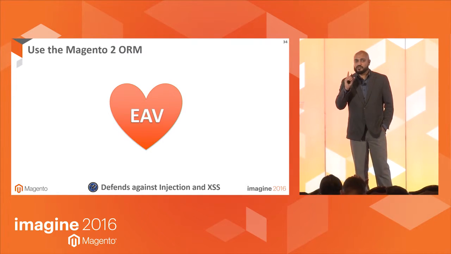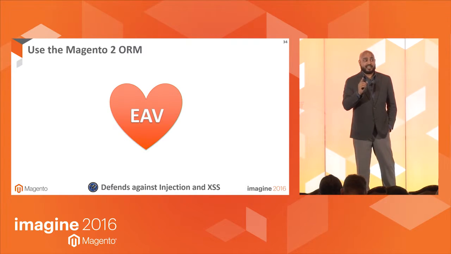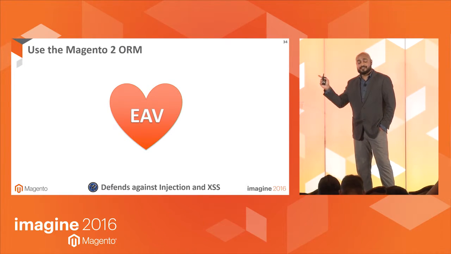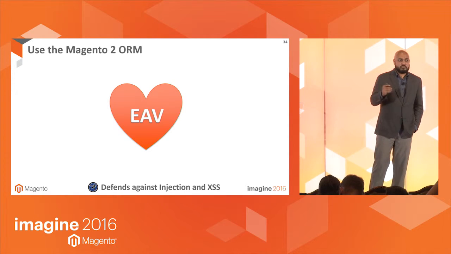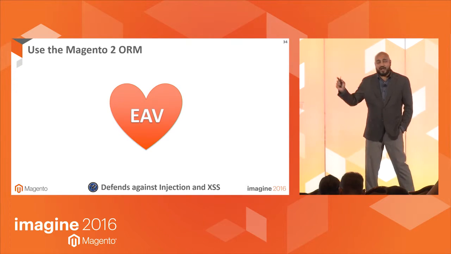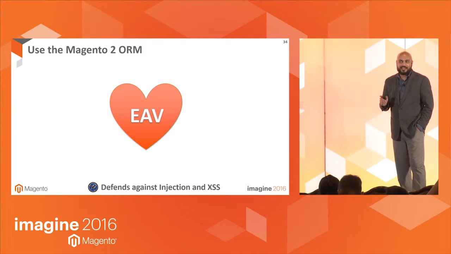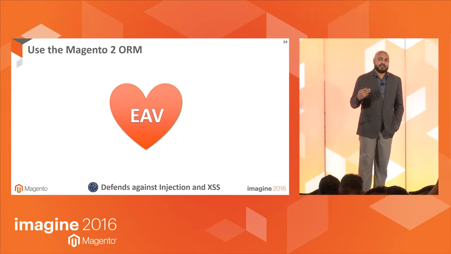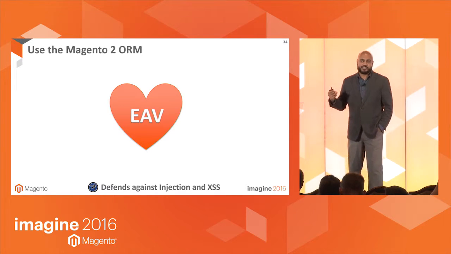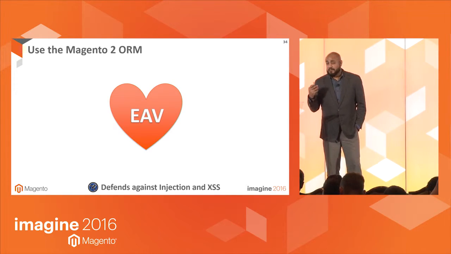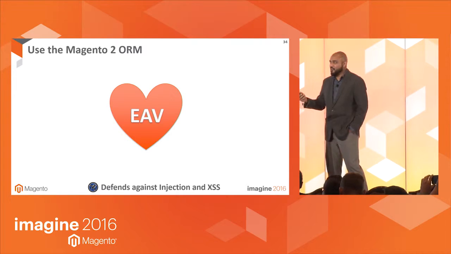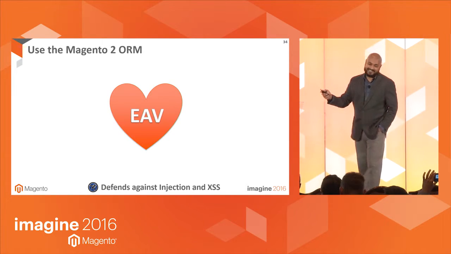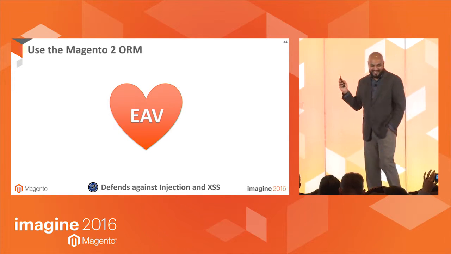And that means he's also thinking about not letting a JavaScript XSS attack get into an int field. So while EAV may be difficult to work with, I think we all owe it a little bit of appreciation for the fact that it makes you think a little bit more securely and pay attention to the aspects of your site that may be vulnerable. And you're free to disagree with me on this, but I still love EAV, okay?